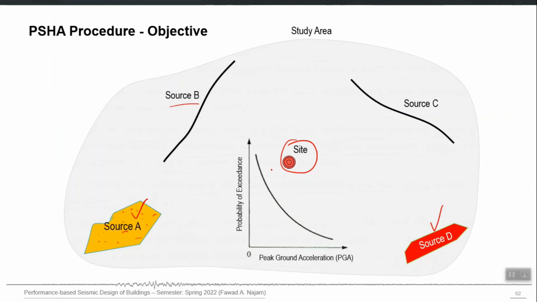Your objective is to calculate the hazard parameter at your site. If it was DSHA, it was very simple. You consider each source separately and maximum magnitude which that source can produce and distance, apply GMP, predict any number you want, predict the whole spectrum, predict the spectral acceleration at any particular time period, predict PGA.